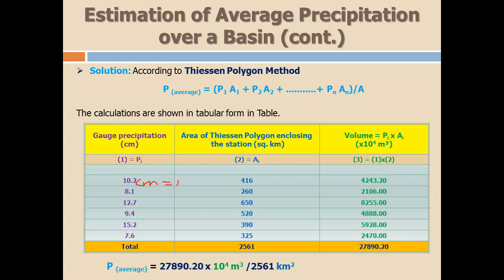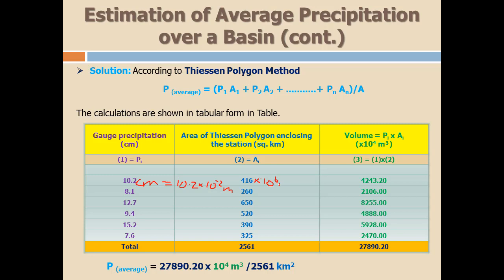So this is actually 10.2 into 10 raised to the power minus 2 meter, and multiply this value with 416 square kilometer, which means 10 raised to the power 6 square meter.